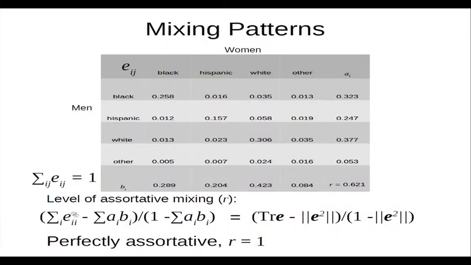The basic idea, if I reiterate, is that looking at the data, you can estimate the probability of a pair of people grouping up for sexual partnership, say black going with black, white going with white. This fraction is counted in sum of e_ii, and from there we remove the part which could be observed just by random chance, which is sum of a_i b_i.